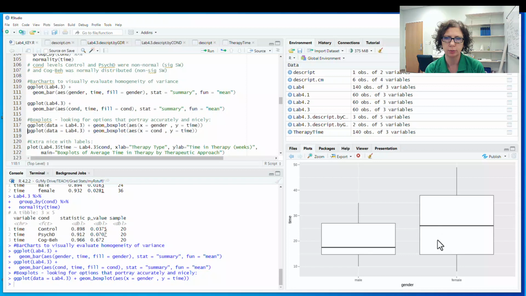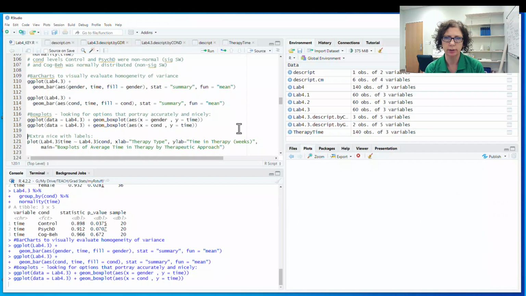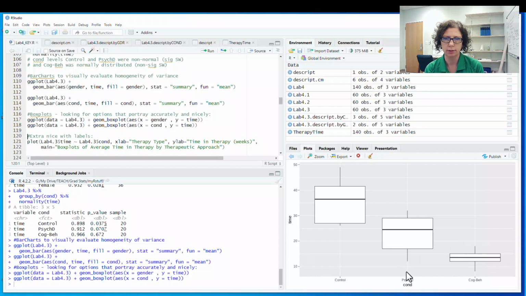We have a much wider spread on female than on male. And the middle bar is the median. And then also for condition. And here we can see some big differences between the median for control, the median for psychodynamic, and the median for cognitive behavioral. And also differences in spread, but that one's the tightest.